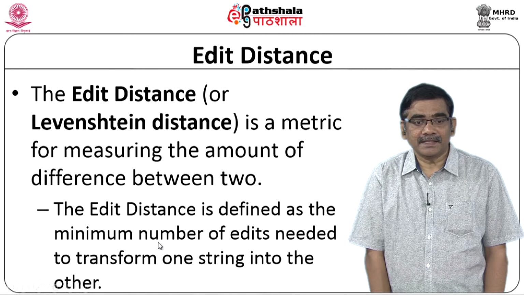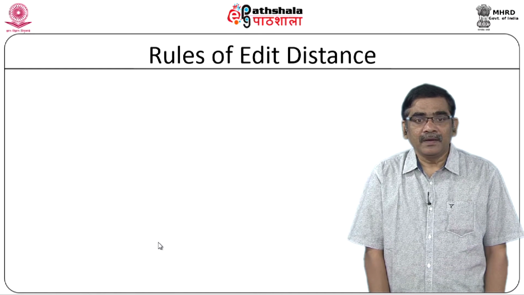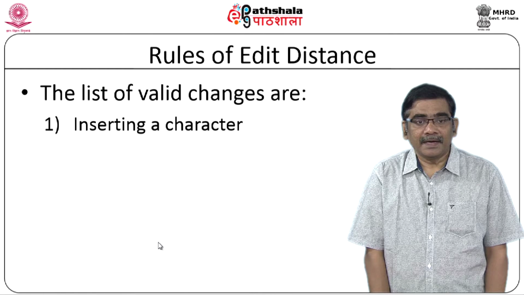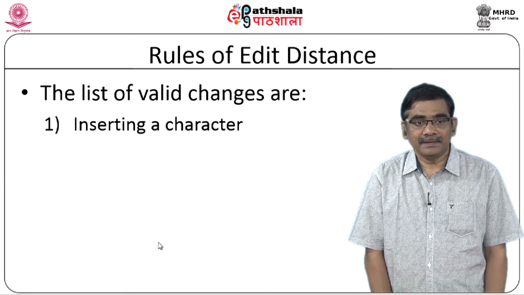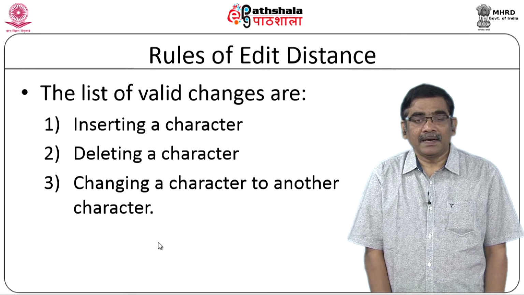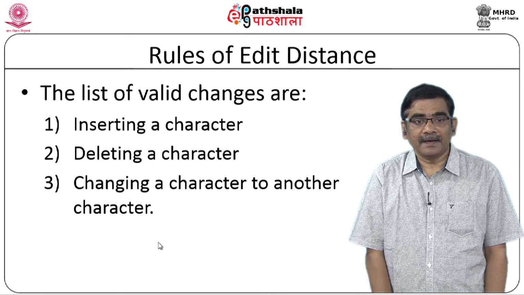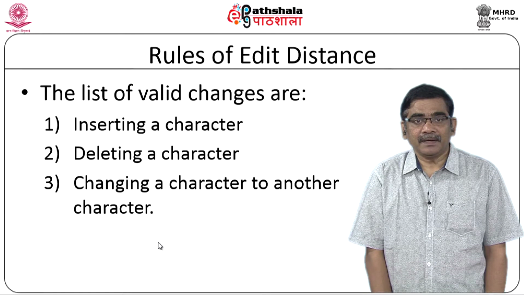This is the keyword, the minimum number of edits. What is the meaning of editing? Editing can mean inserting a character, the deletion of a character, and substitution where a character is changed to another character.